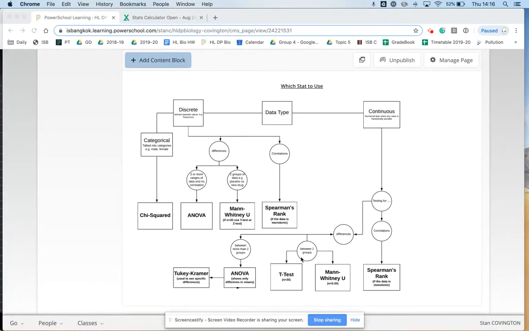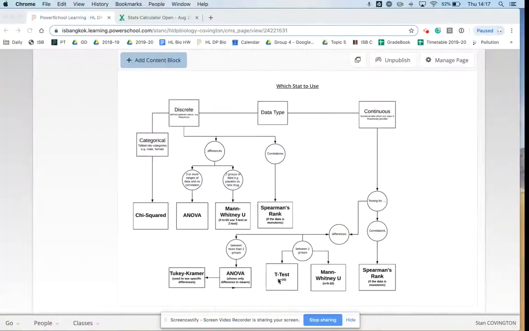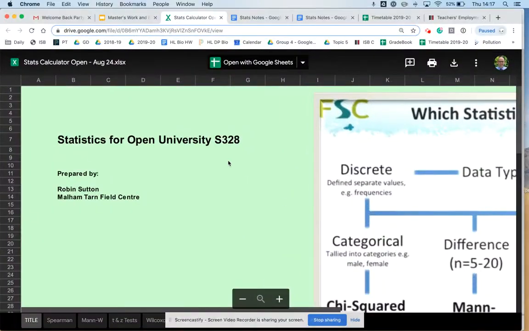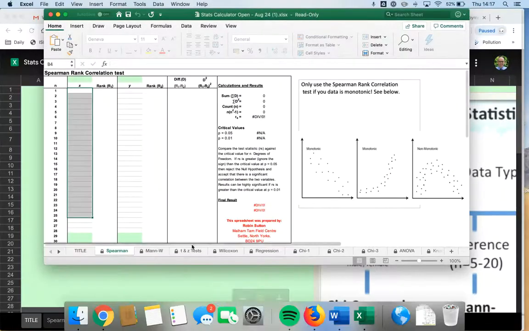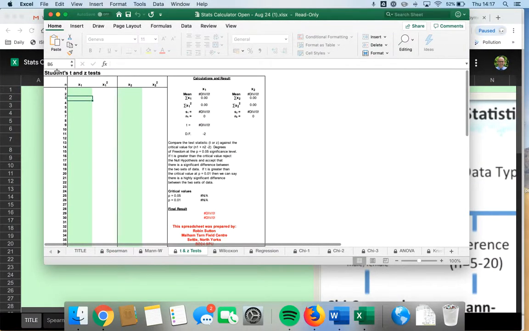So we follow this way because n here is greater than 20. So what we want to use is what we call a t-test. Okay, so now that we know that, we can go to this, and we want to hit on T and Z tests here. Okay, so Student's T and Z tests.